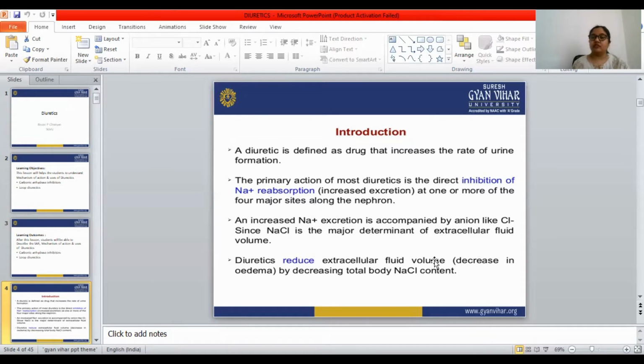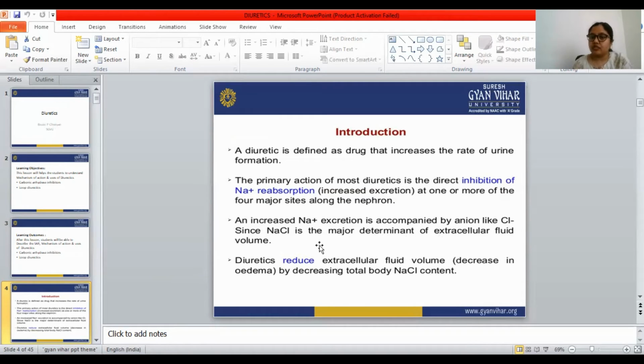So the diuretics inhibit sodium reabsorption. How do they inhibit it? By increasing the excretion of sodium, and this sodium excretion is accompanied by Cl. This NaCl is the major determinant of the extracellular fluid volume. So diuretics reduce the extracellular fluid volume by decreasing the sodium chloride content.